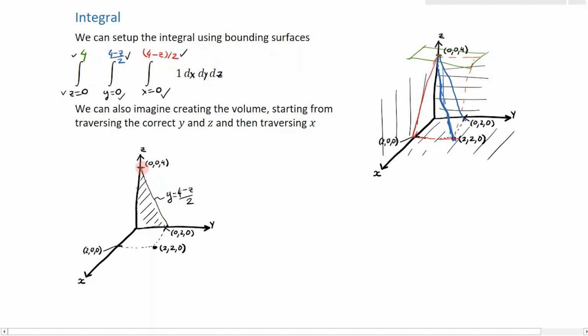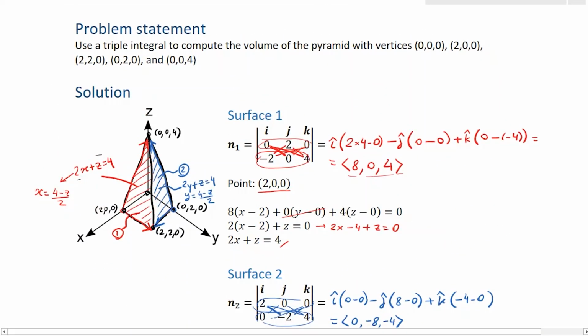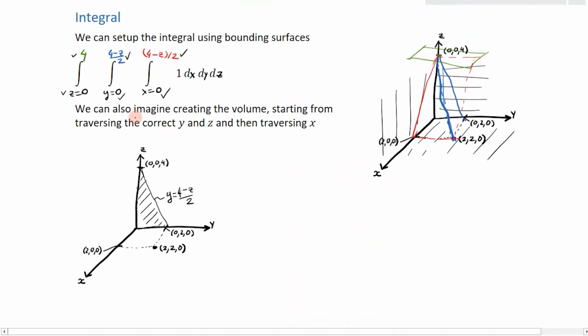I got this from the equation of this blue surface. Or you could also figure out the equation of this line. You would have 2 as the y-intercept, so this is 2 minus z over 2. So the slope in terms of y would be 1/2, and it would be negative. When z increases, y needs to decrease, and that's how you get this line.